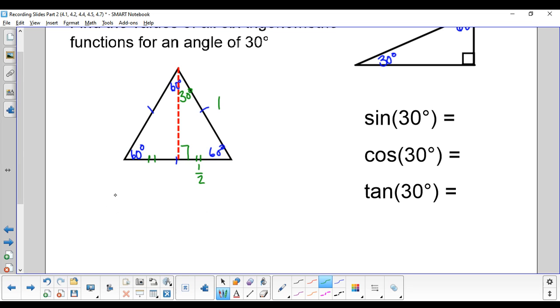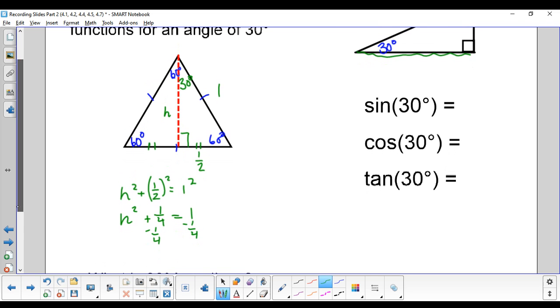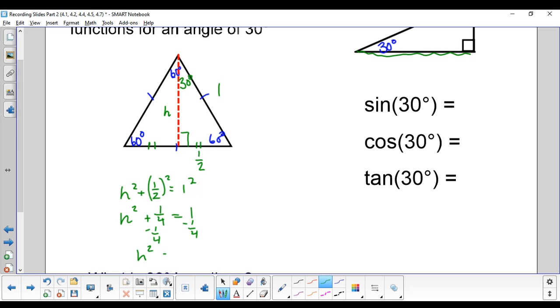From here, I can write my Pythagorean theorem and solve for the red dotted line, the height, which is this vertical side right here. So I would have h squared plus 1/2 squared equals 1 squared. H squared plus 1/4 equals 1. Subtracting 1/4 from both sides gives me h squared equaling 3/4.